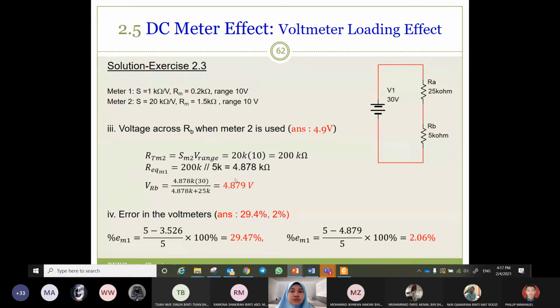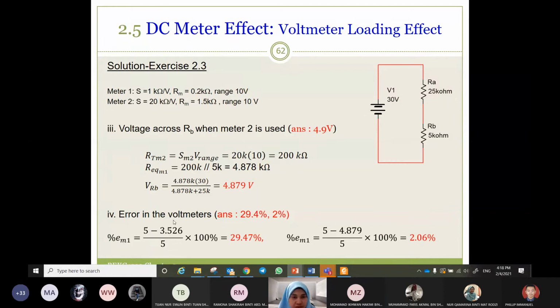Now VRB is equal to the new R equivalent multiplied with the voltage source divided by the summation of R in this path. We get 4.879 and this value is also lower than the actual V. The actual V is 5 volt, okay?